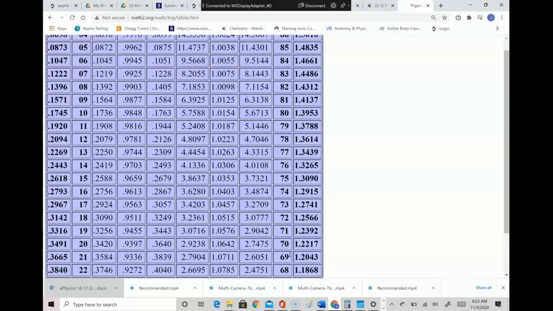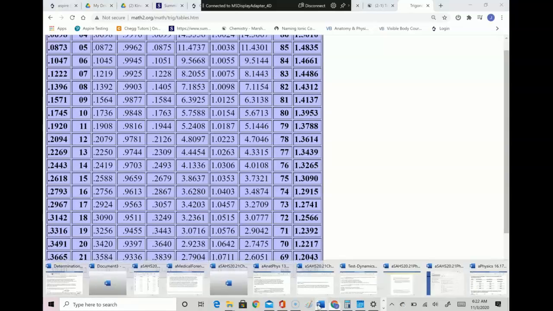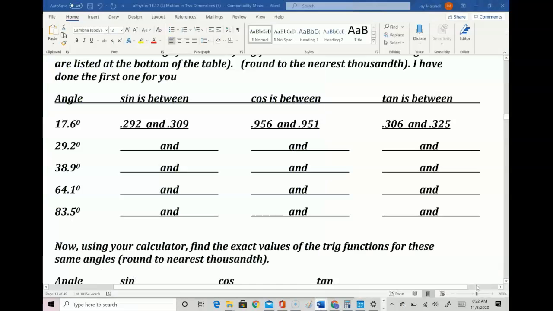Then I can go back and show you that, yes, in fact, those are the values I put down here, and I rounded them to the nearest thousandth in this case.